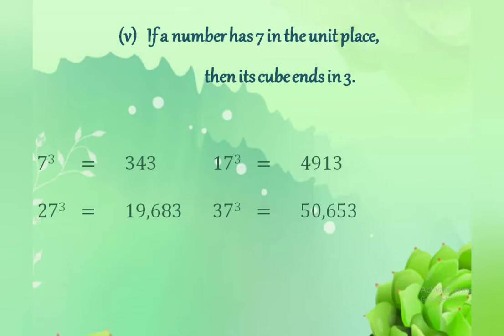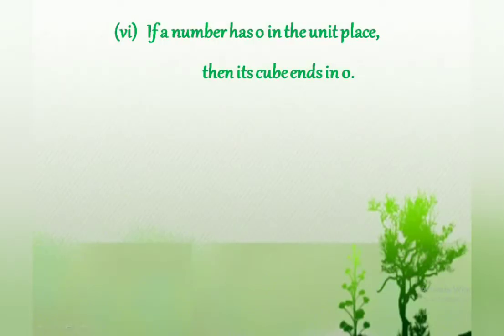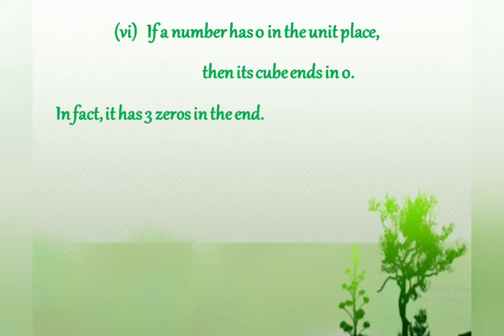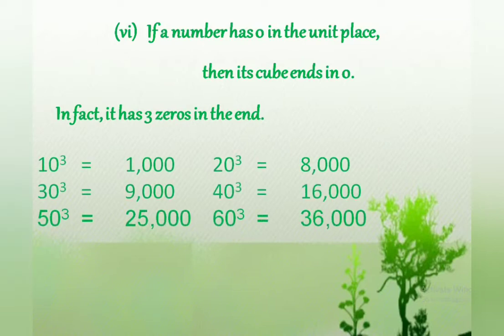You can check it. The next property is: if a number has 0 in the unit place, then its cube ends in 0. In fact, it has 3 zeros at the end. Is it true? Let's check it. 10 cube is 1000, right? 20 cube is 8000. 30 cube is 27,000. 40 cube is 64,000. 50 cube is 125,000. 60 cube is 216,000.